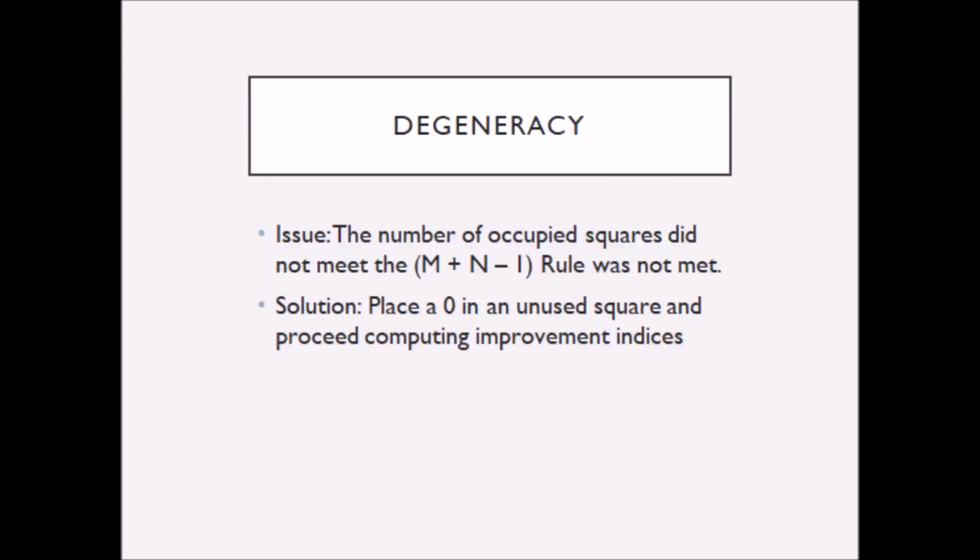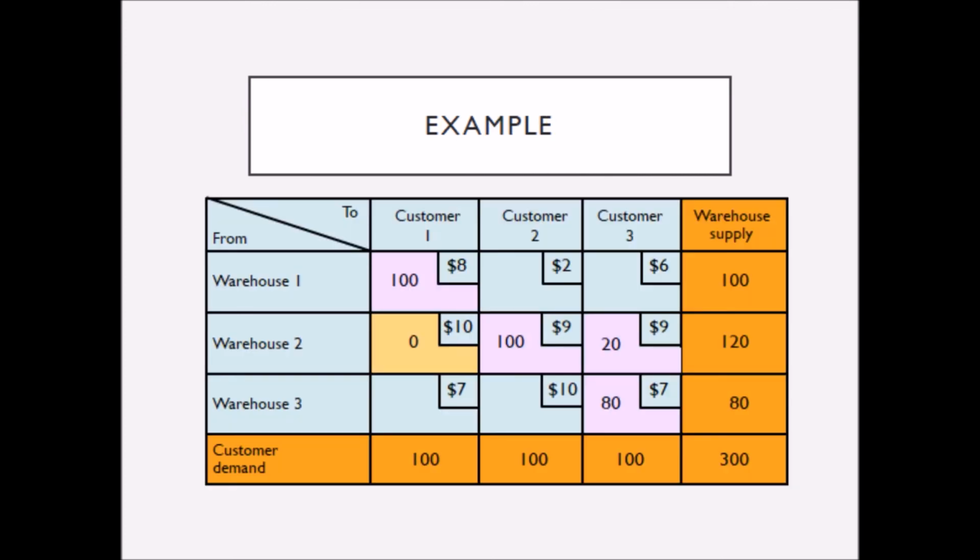The other issue is degeneracy, wherein the m plus n minus 1 rule, or the number of occupied squares that have to be met, is not met. So the solution here is to place a 0 in an unused square and proceed to computing the improvement indices. Just like in this example, we need to have 5 boxes or 5 cells filled.